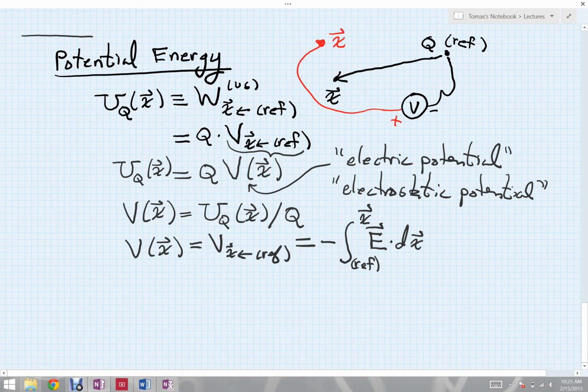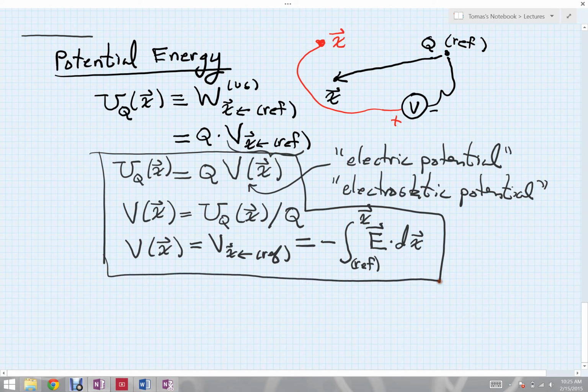So this now sets the stage for new considerations about potential energy that we will be taking up in our future discussions. It's just helpful to have these relations all laid out here together.